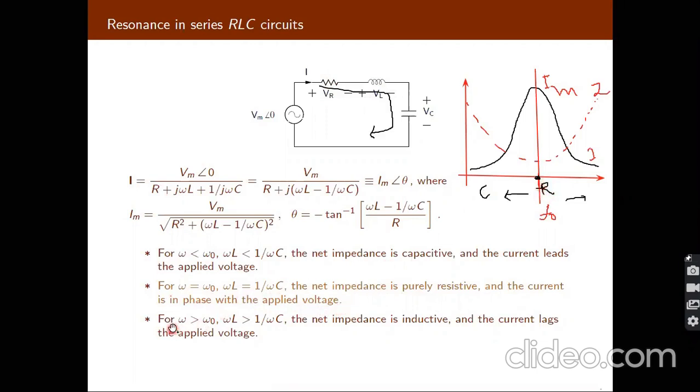Next, for omega greater than omega naught, that means this side, omega L is greater than 1 by omega C. So this side the net impedance is inductive. After the resonance the circuit is behaving as an inductive circuit, so the current lags the applied voltage. So this is about resonance and I'm going to show you more figures here.